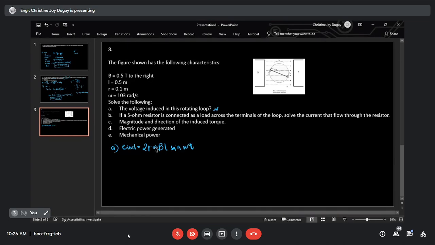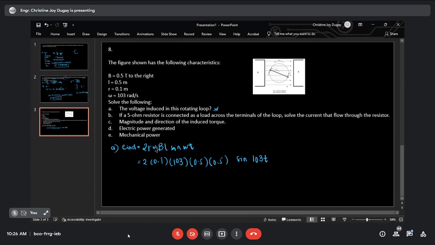Yan ang formula natin ngayon sa induced voltage. Based on the given, that is equal to 2. Ang R natin is 0.1. Omega natin is 10^3. And then B natin, 0.5. The value of length is 0.5. And that is sine of omega t.